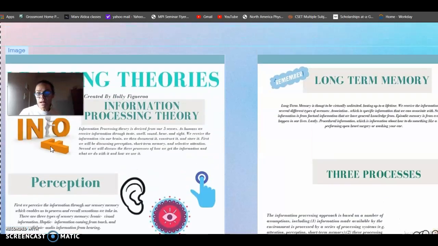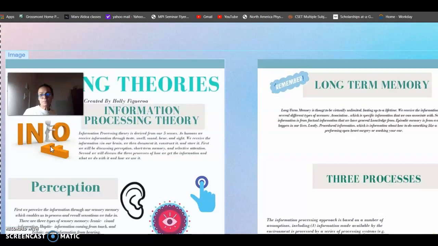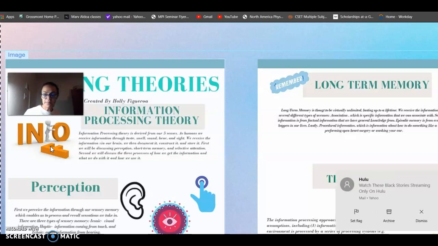The second part is long-term memory, and it's virtually unlimited, and it can last up to a lifetime. We receive the information through several different avenues. We can associate this information with something prominent in our lives.